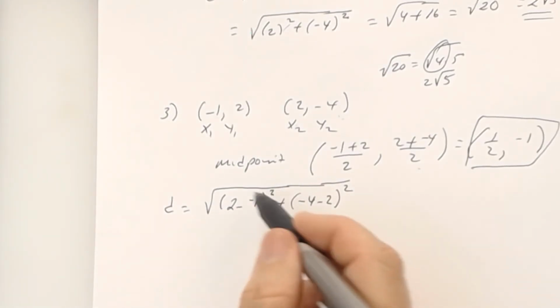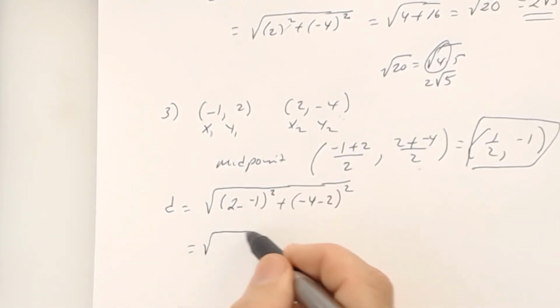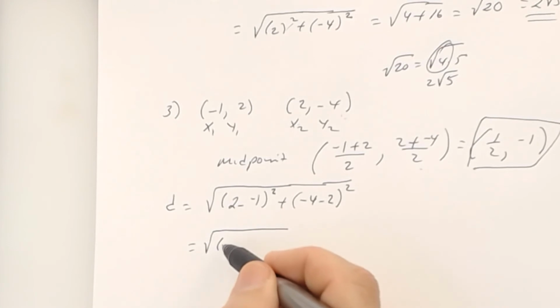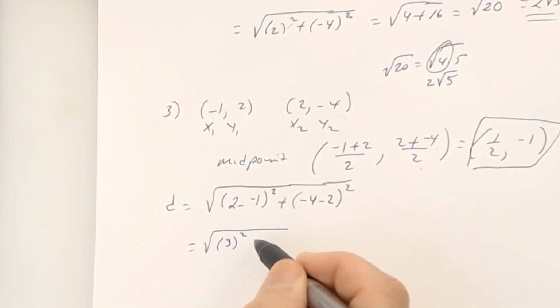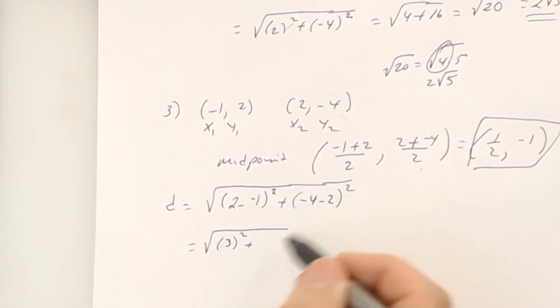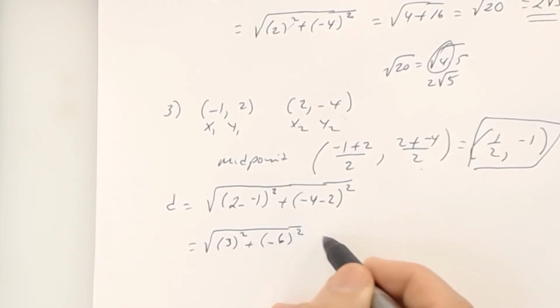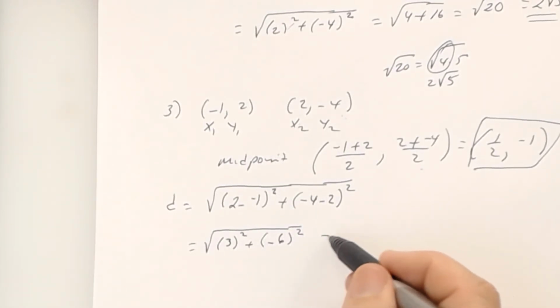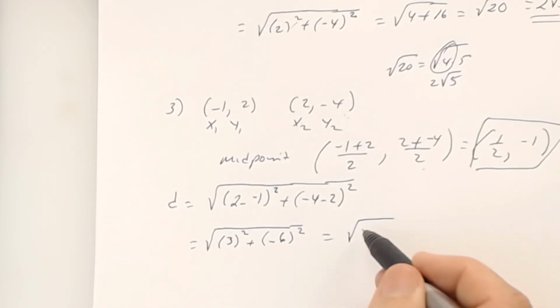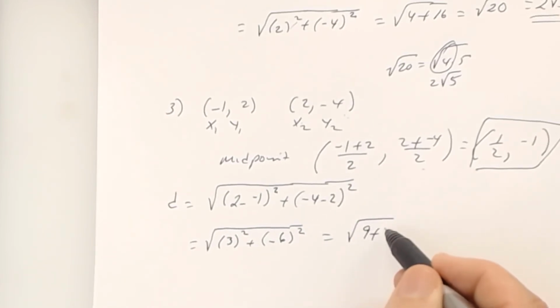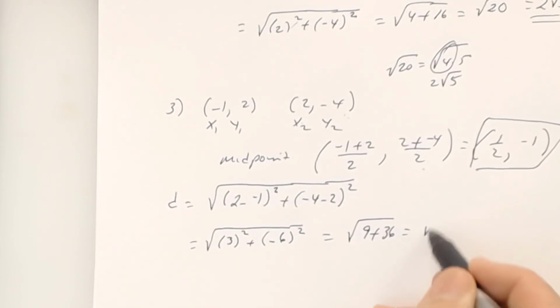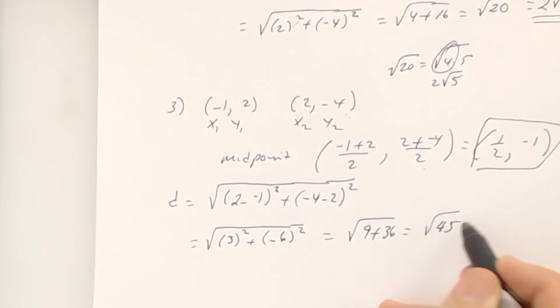What's 2 subtract negative 1 the same as? 2 plus 1, which is 3. I'm going to square that. A negative 4 and a negative 2 is a negative 6. I'm going to square that. So I got the square root of 9 plus 36, which is the square root of 45.